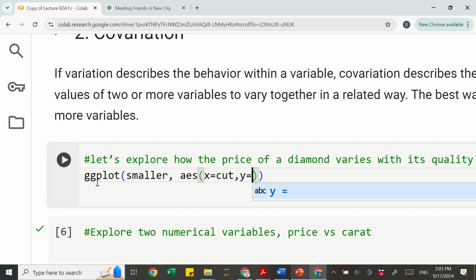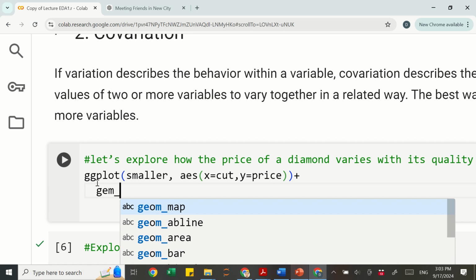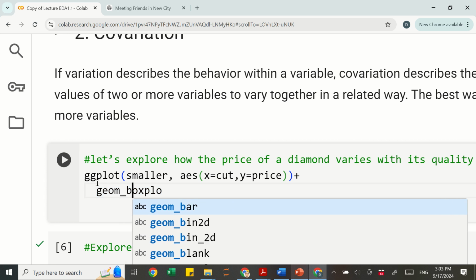Well, I guess what we will expect is that the price is going to be higher for those cuts of higher quality. That will be our initial intuition. So let's see. Now let's create a box plot, geom_boxplot. I'm missing an o here.